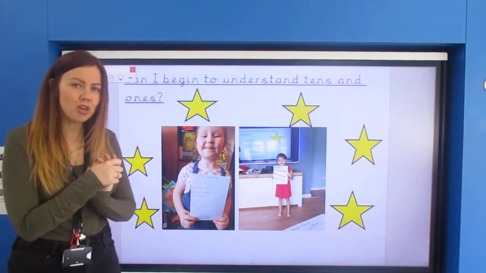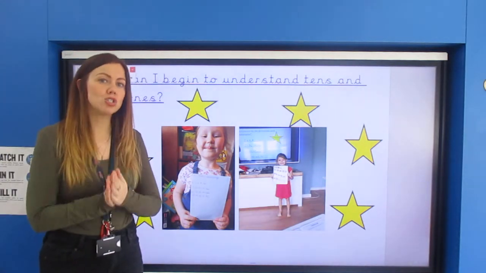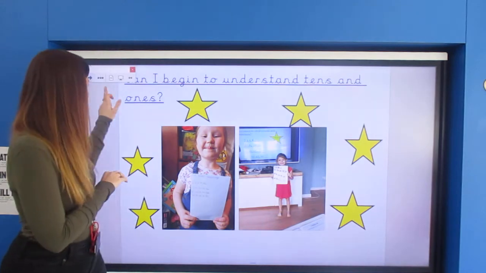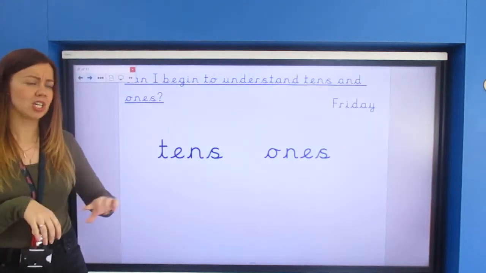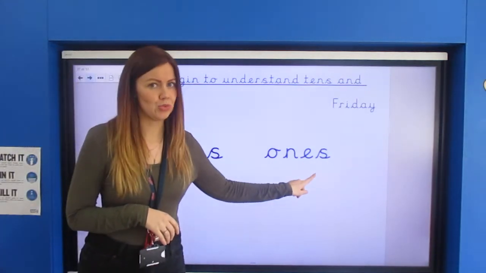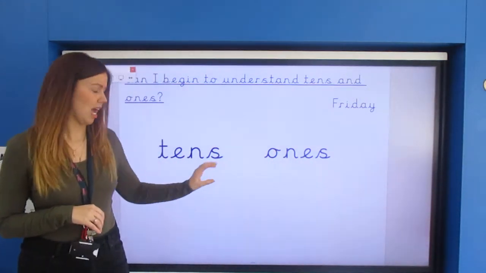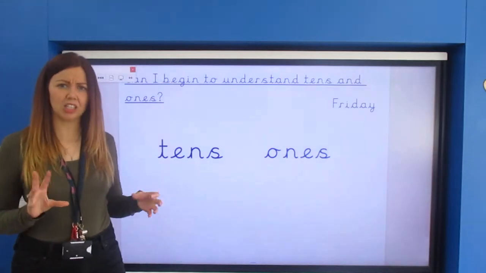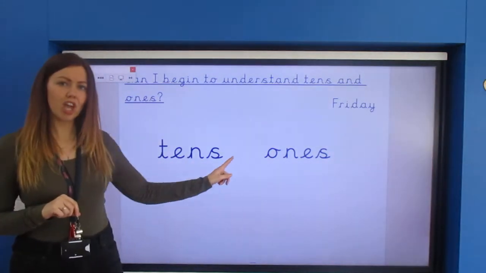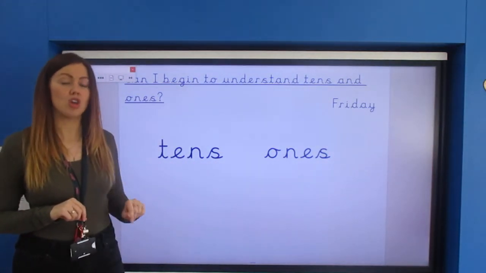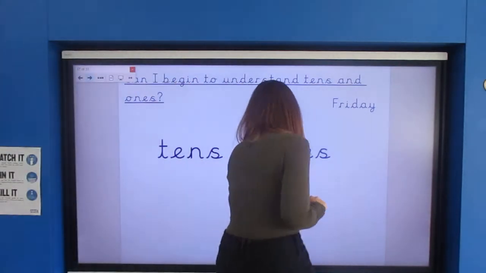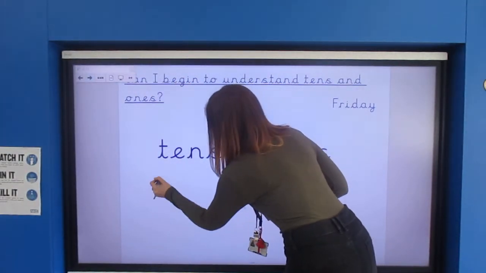Okay, so moving on today, we are going to do a new concept. We are going to be learning about tens and ones. And we haven't really talked about this in the videos just yet. So we're going to be learning about place value and tens and ones. So have a go at writing tens and ones on your whiteboard for me.